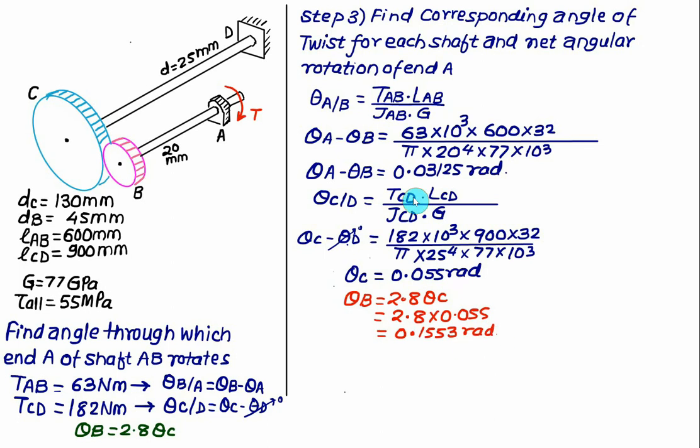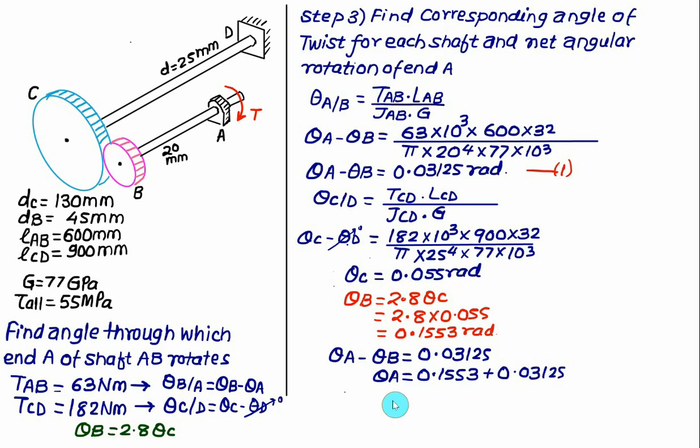Now we'll use equation number 1 to calculate the value of theta A. So we have theta A minus theta B is equal to 0.03125. Theta B will be added on this side, so we have theta A equal to theta B, which is 0.1553, plus 0.03125.